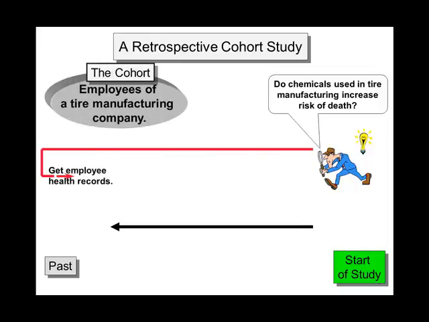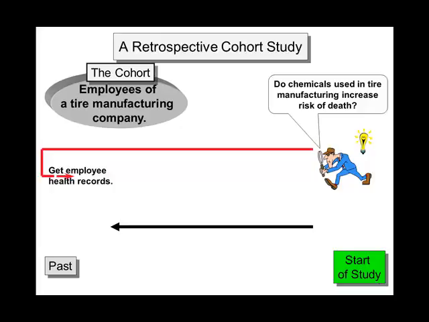He knows of a tire manufacturing company that has been in operation for several decades, so he jumps back in time to study this cohort. Obviously, at the point in time at which he goes back to identify these subjects, none of them have the outcome of interest, but in the interim, some of these individuals have in fact died. So some of the health events of interest have already occurred by the time the investigator conceives and initiates this study.